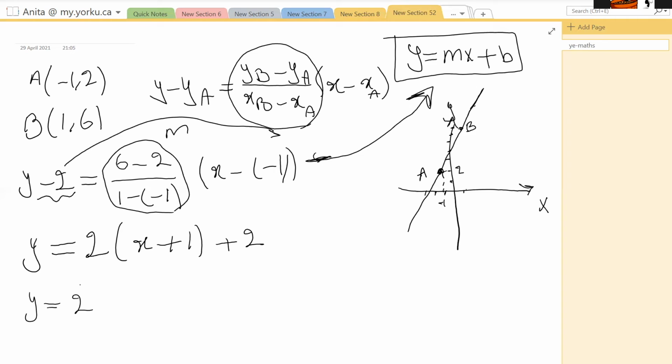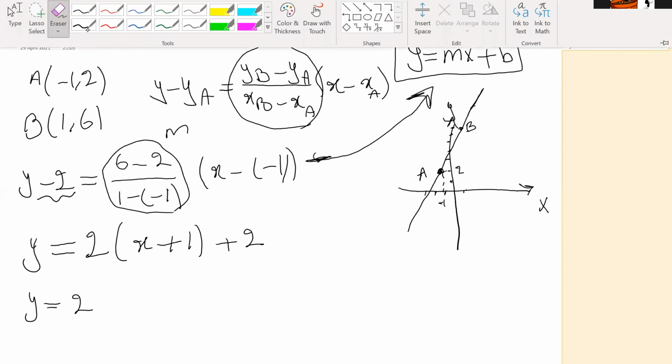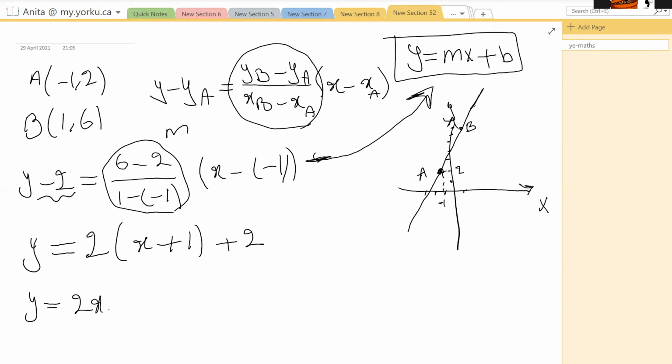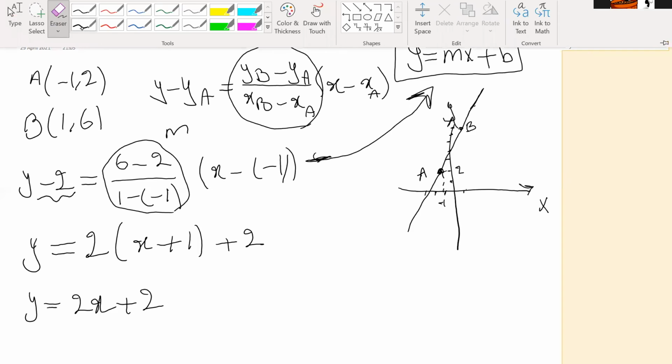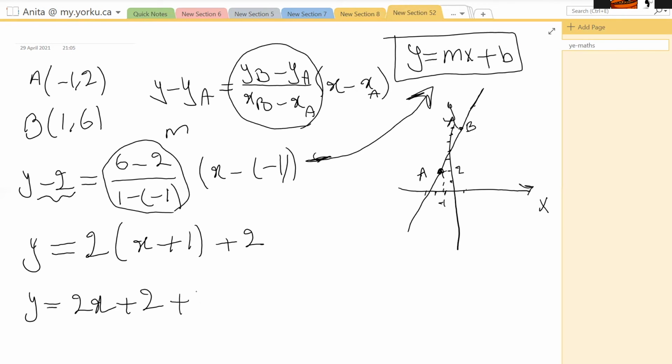Let me do it step by step so that you don't get lost. It's 2x plus 2, because there's a minus 2, so the plus 2 goes on the other side. So 2x plus 2, and then you add another 2.